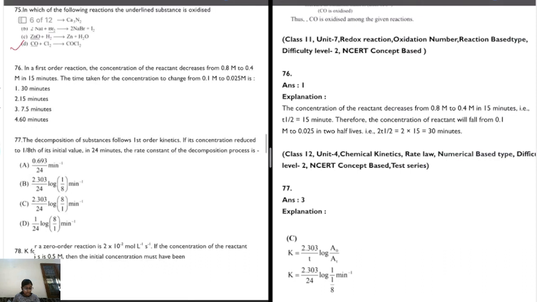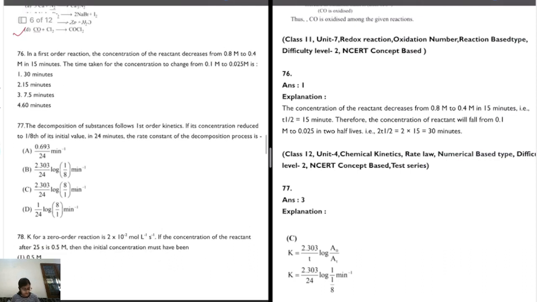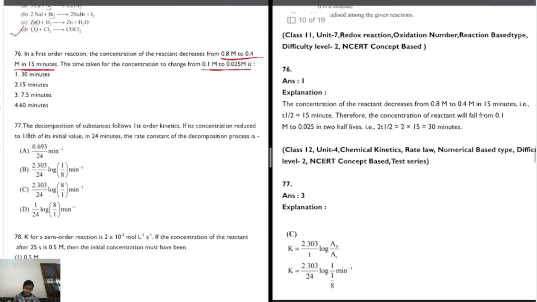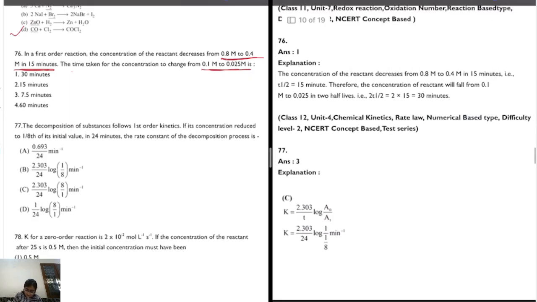Let's see. In the next question, this is a kinetics question. In a first order reaction, the concentration of the reactant decreases from 0.8 to 0.4 in 15 minutes. Then what is the time taken for the concentration to change from 0.1 to 0.025 molar? See, this is easy. How will we solve it? If the change from 0.8 to 0.4 takes 15 minutes, that is the t half.